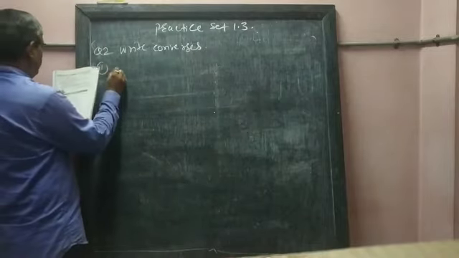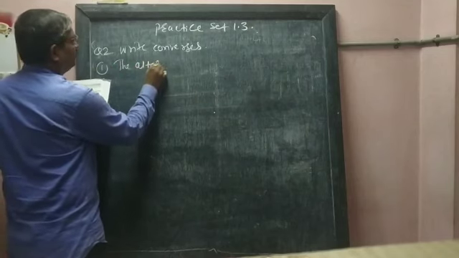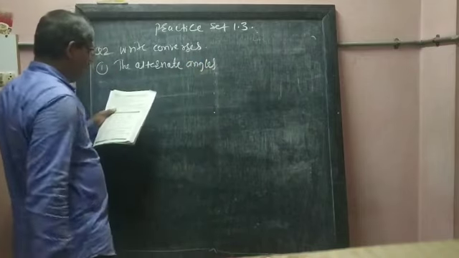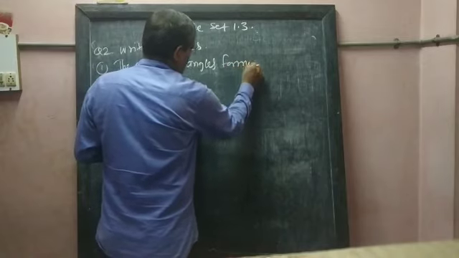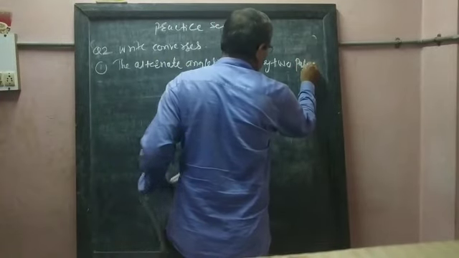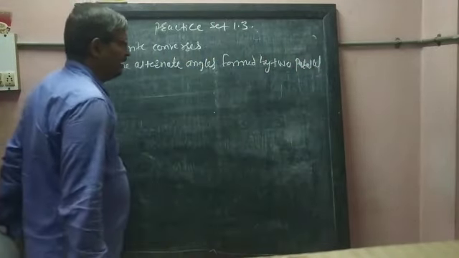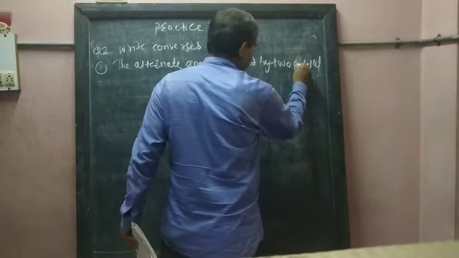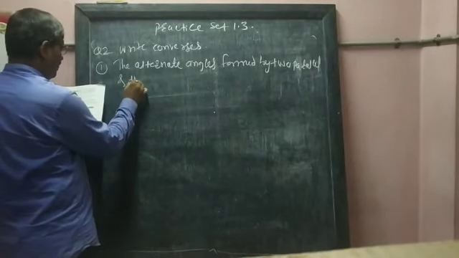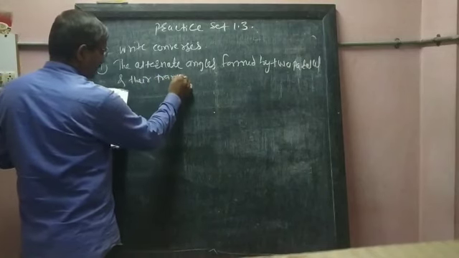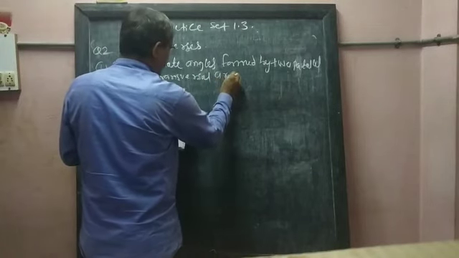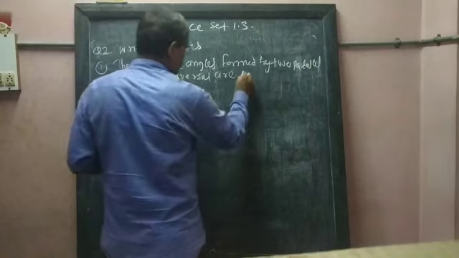First here question is that the alternate angles formed by two parallel lines and their transversal are congruent.